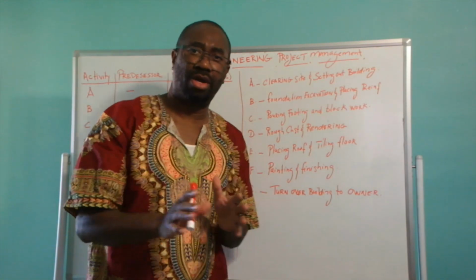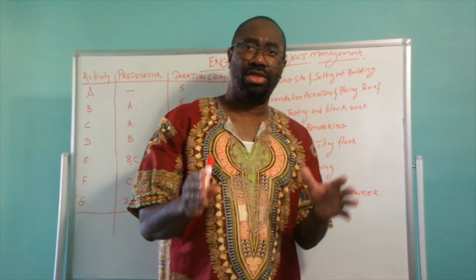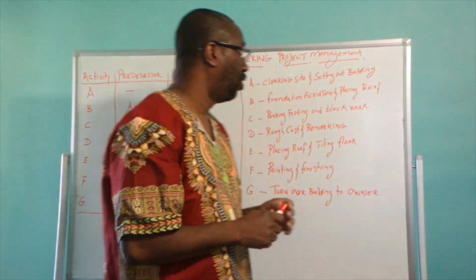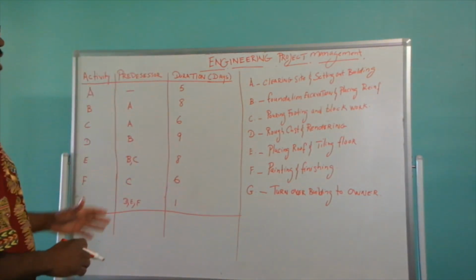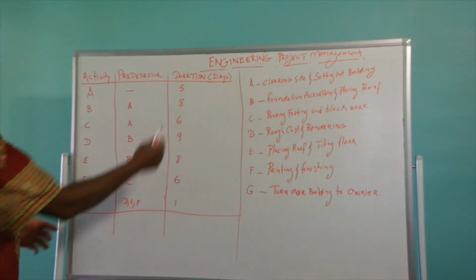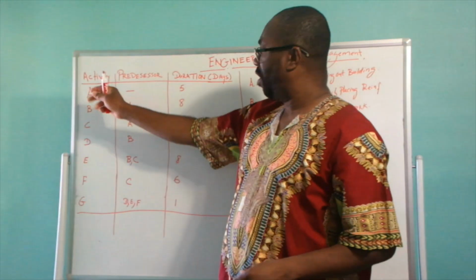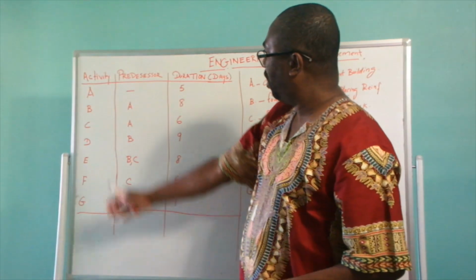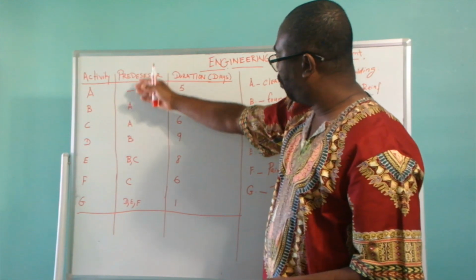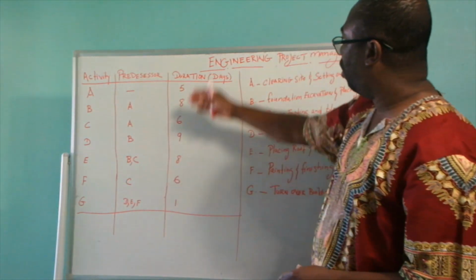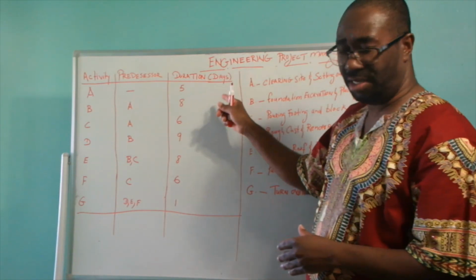There are a few terms that you must be familiar with in order to follow me in this video. As you can see, there is a chart here. The first column of this chart is the activity column, the second column is the predecessor column, and the third column is the duration column, and duration is in days.